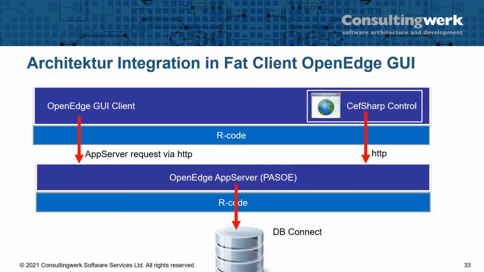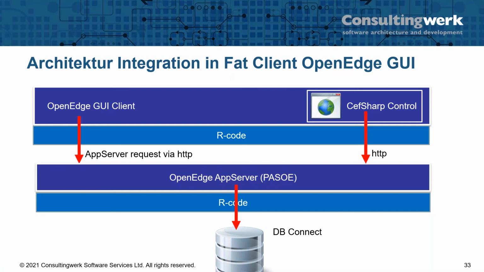Alternatively, we could implement the GUI application in a way that it also uses an app server. And then it actually gets quite interesting with PASOE, because PASOE allows us to serve from the same application server instance both the ABL GUI client using the app server protocol and standard HTTP requests, either following REST or SOAP or whatever.